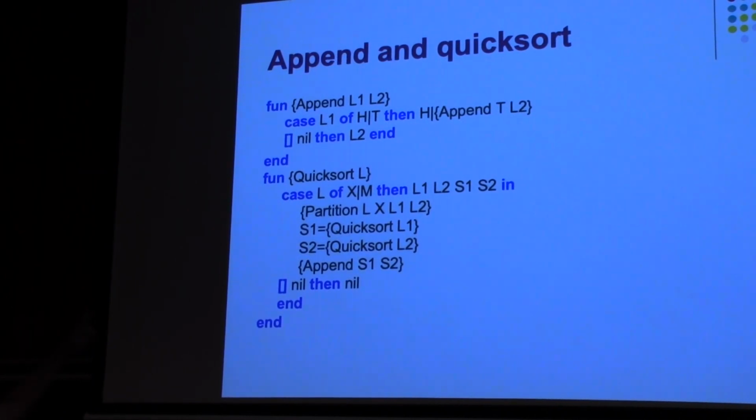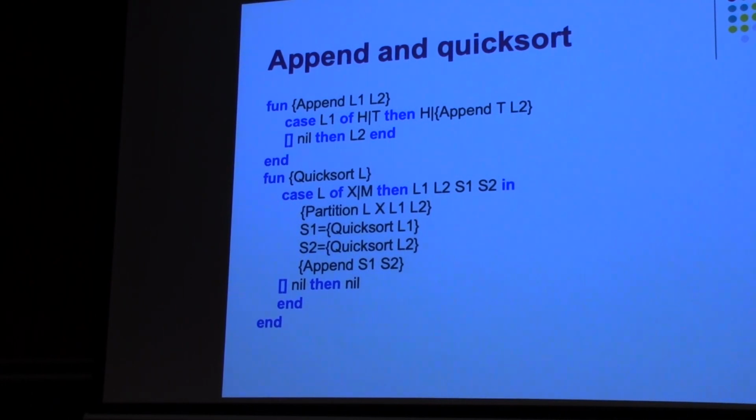So Quicksort L will call Quicksort L1 and Quicksort L2. How can that go wrong? What does L1 have to be with respect to L? To be more precise, what is the connection between the size of L1 and the size of L?